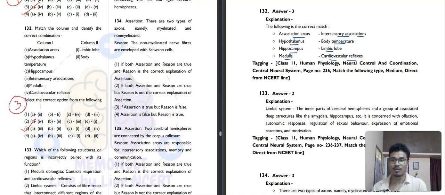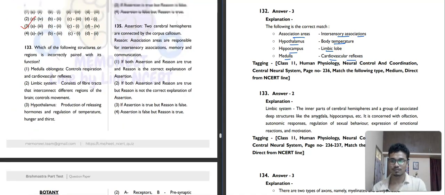Then question number 133. Which of the following structures or regions is incorrectly matched with its function? Medulla oblongata controls respiration and cardiovascular reflexes, correct. Then the limbic system consists of fiber tracts that interconnect different regions of the brain, controls movement?